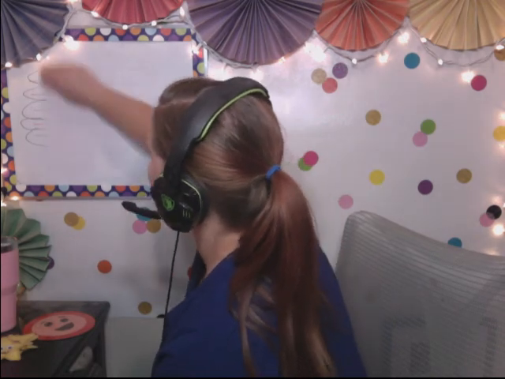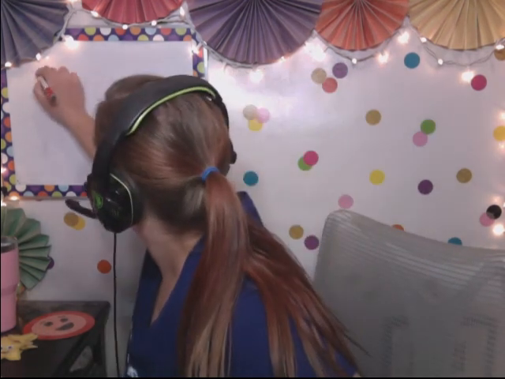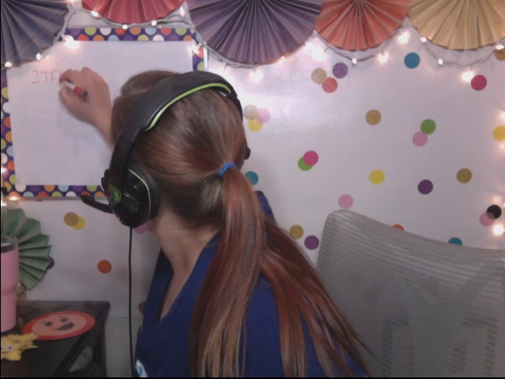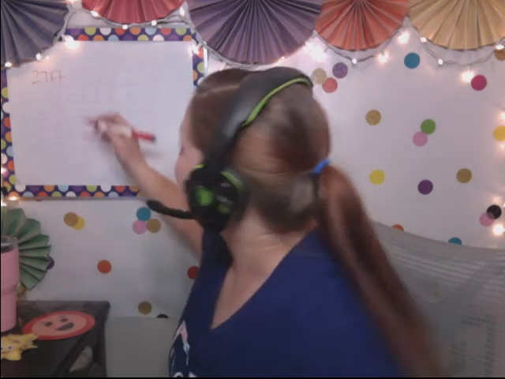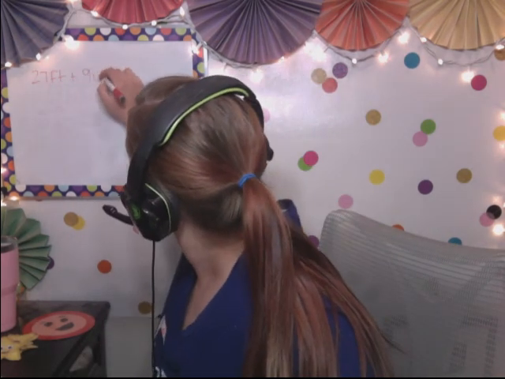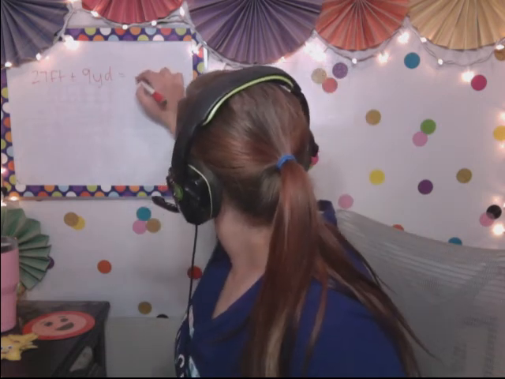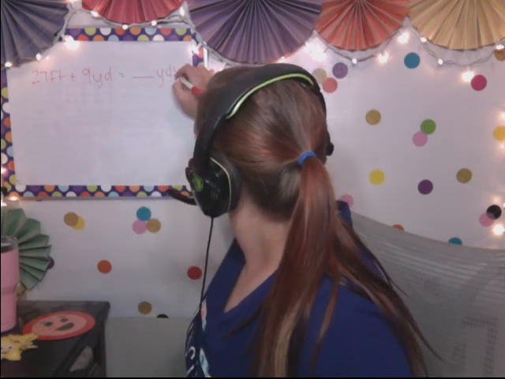Let's do it. Give me a second to write it down. Oop, don't let my computer fall asleep on me. All right, we have 27 feet plus 9 yards equals how many yards? All right, you guys see that?